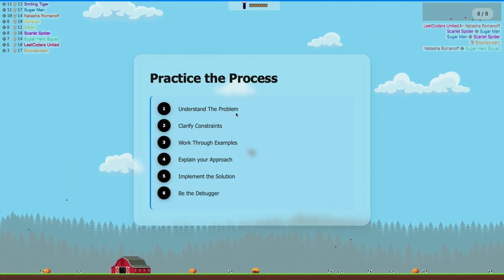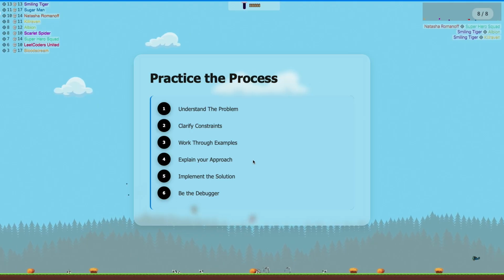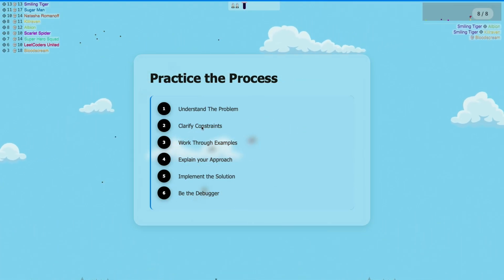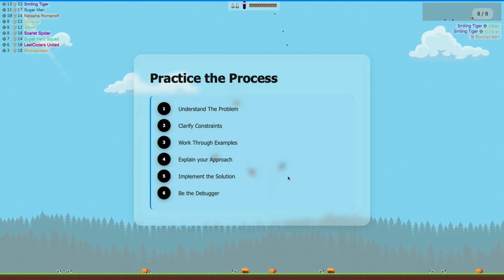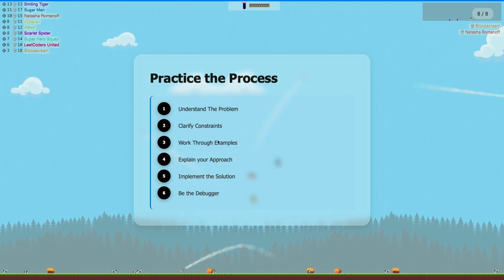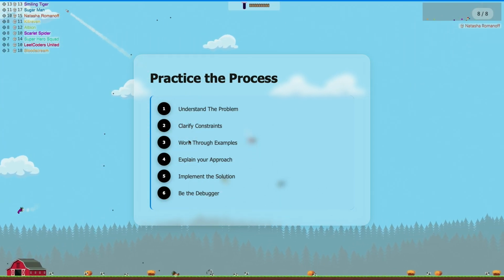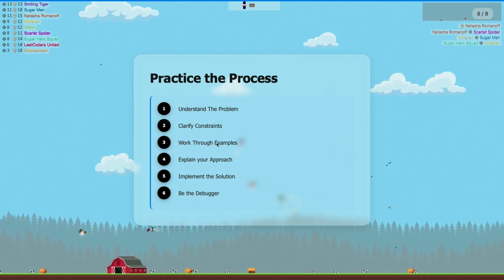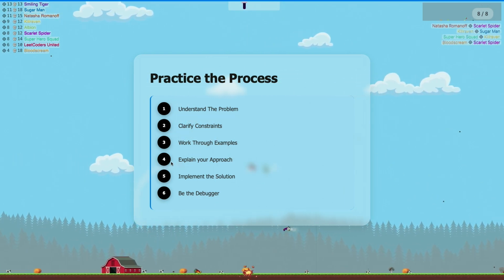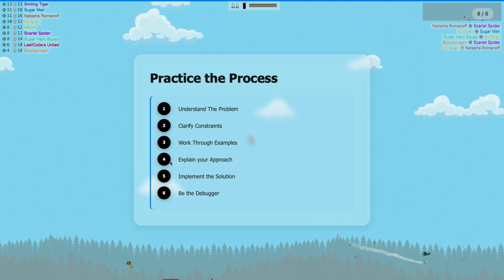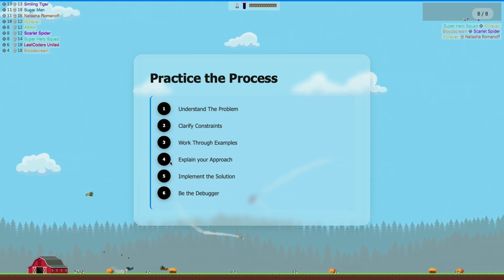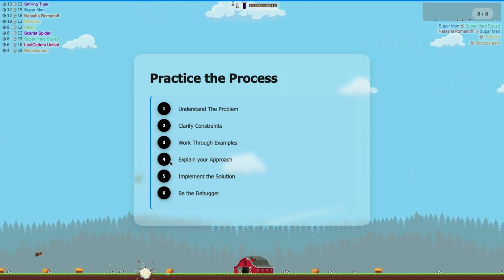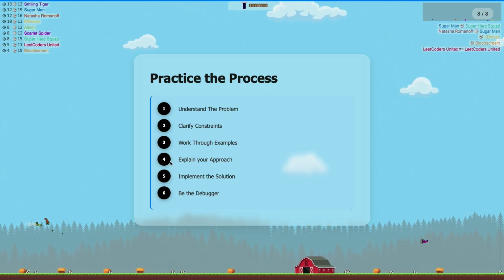So just to summarize, first understand the problem, read it out loud, clarify all the constraints, even the ones that you don't think you might need. Work through the examples by hand to discover how you might implement a solution for this problem in code. Explain your approach and runtime, what data structures you're going to use, what techniques you're going to use, maybe sliding window or two-pointer or binary search or whatever it is.